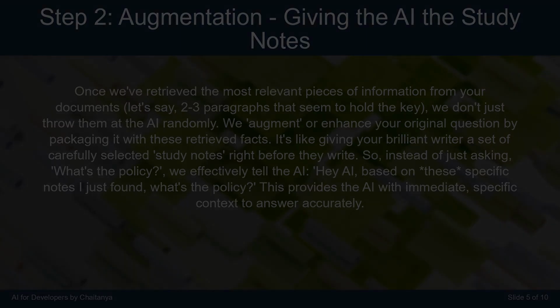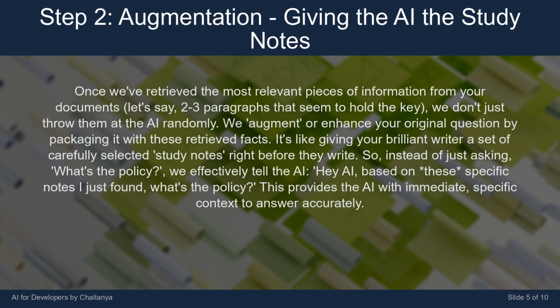codes. Once we've retrieved the most relevant pieces of information from your documents, let's say 2 to 3 paragraphs that seem to hold the key, we don't just throw them at the AI randomly. We augment or enhance your original question by packaging it with these retrieved facts. It's like giving your brilliant writer a set of carefully selected study notes right before they write.